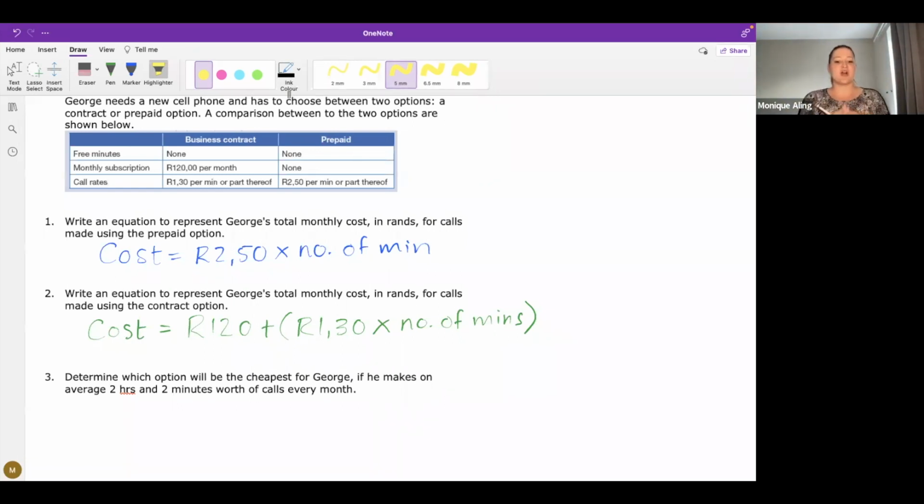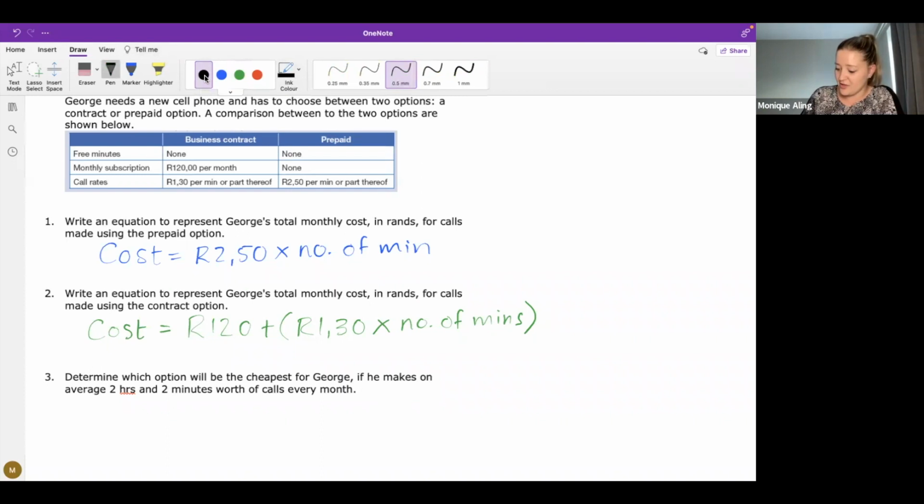It says determine which option will be the cheapest for George if he makes on average 2 hours and 2 minutes worth of calls every month. Now we know the tariff is charged per minute. I've given you hours and minutes. So before we can even do anything, I need to change everything to minutes.